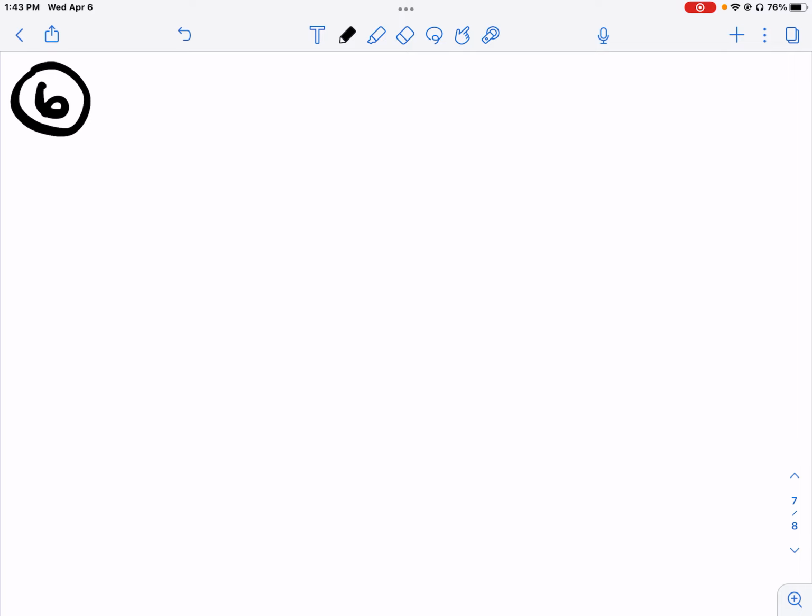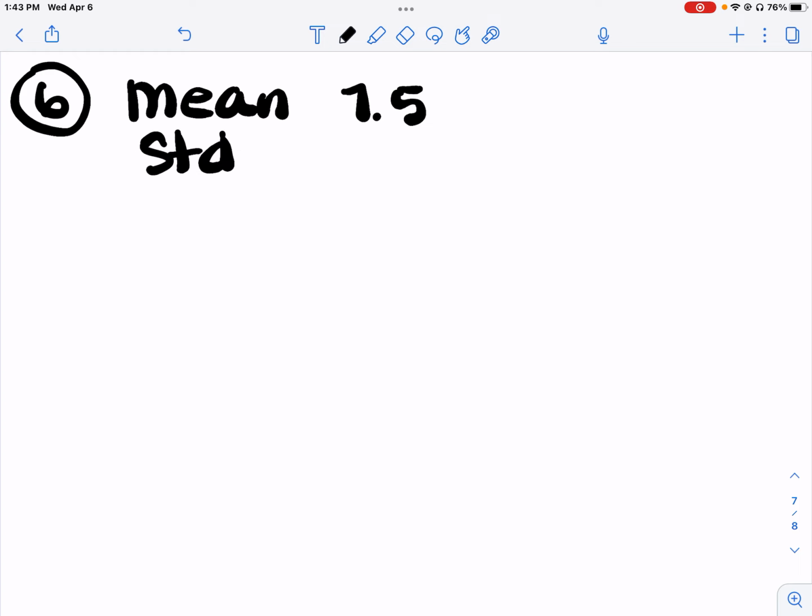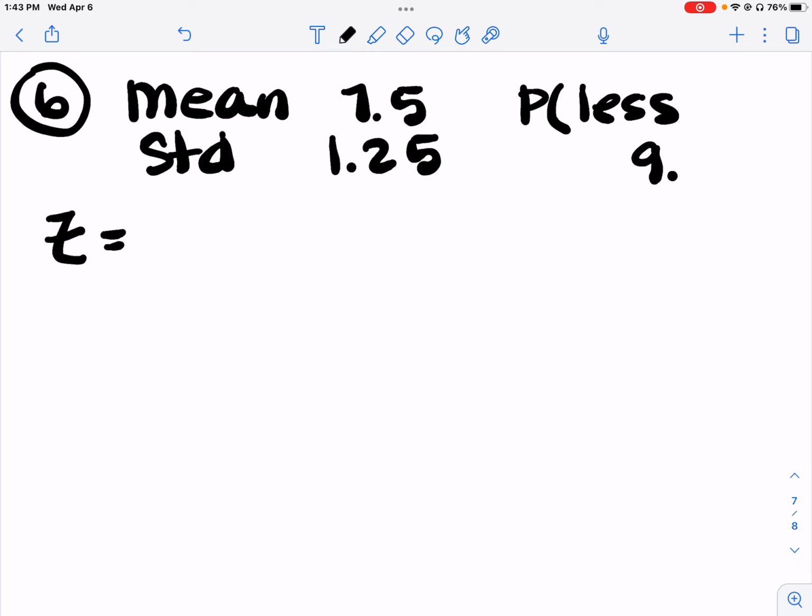Okay, number 6, another one with the weight, mean 7.5, standard deviation. Okay, and the question said, find the probability a baby weighs less than 9.15.